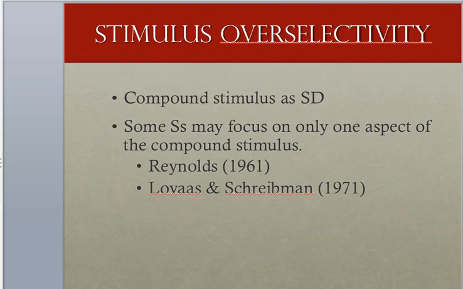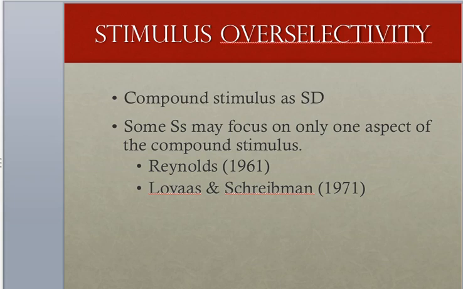In 1961, George Reynolds from the University of California, San Diego, did some research looking at over-selectivity in animals. He looked at birds. He used pigeons. He was one of the professors at the pigeon lab that I was trained in before I got there. He had retired before I arrived.